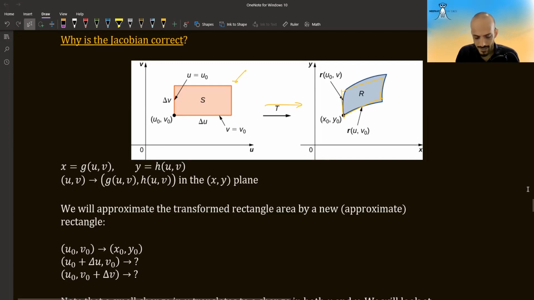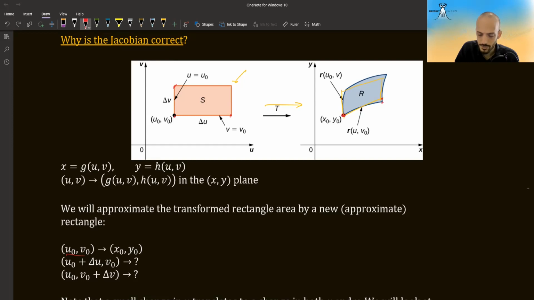Okay, so we have, let's say, some initial point, u0 and v0. Let's suppose that it's mapped into this point over here. We want to see where a small increase in u and a small increase in v is mapped to. Now, in reality, it will be mapped to here, but we will approximate where it is mapped with a first order Taylor series.